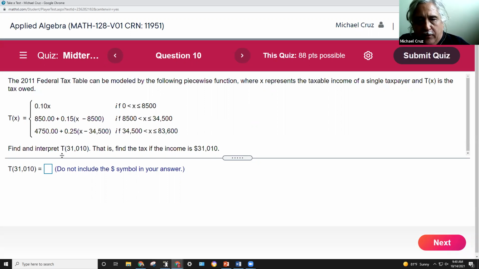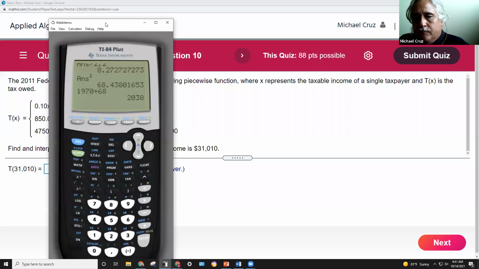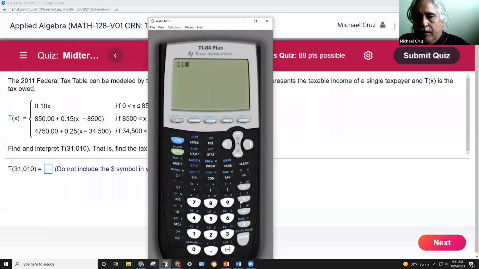So this would be your X, and this is your output, your T of X. For 31, 31 is in this range right here. Then we're just going to take 31 times 0.1, so 3.1.